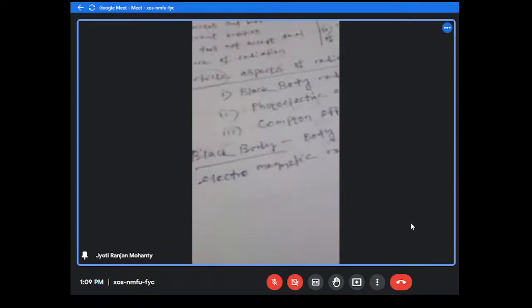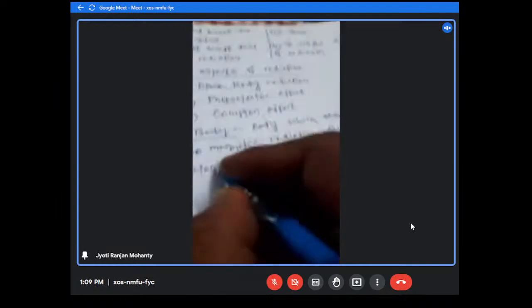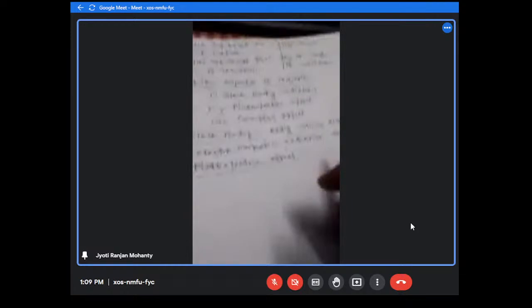photoelectric effect. The second experiment is photoelectric effect. So this is a very beautiful experiment performed by Einstein. Okay.